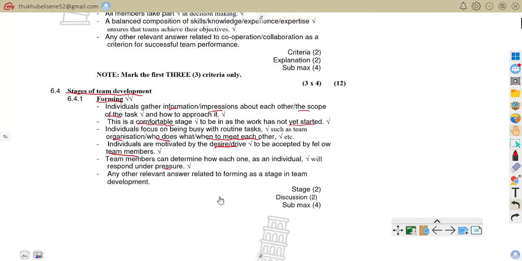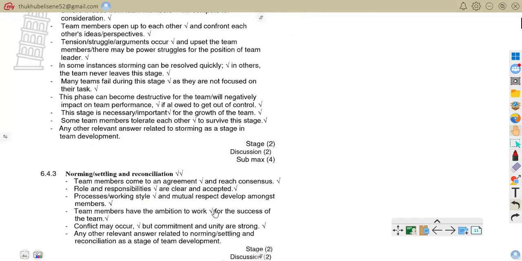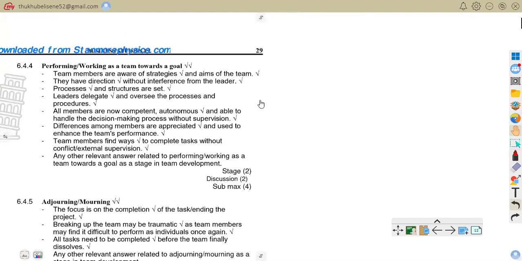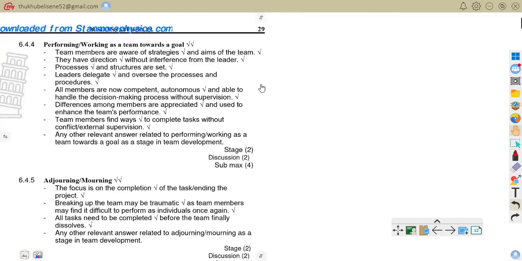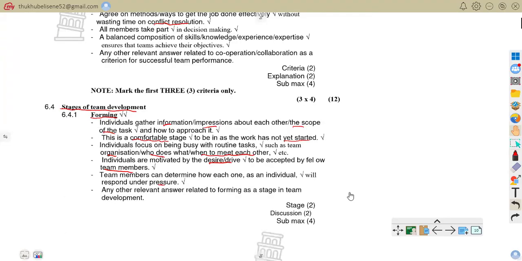Now we are to move on to the performing or waiting stage.